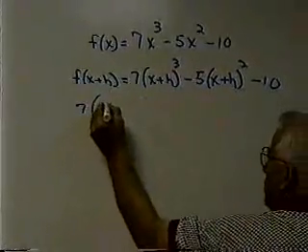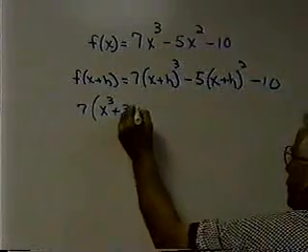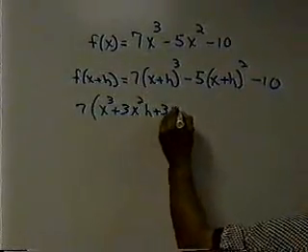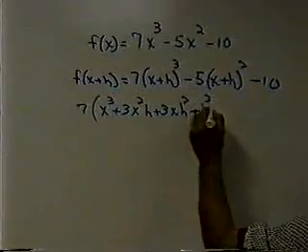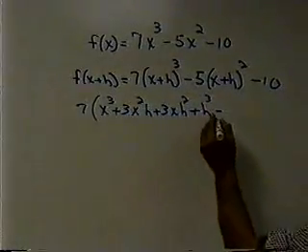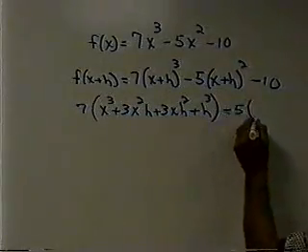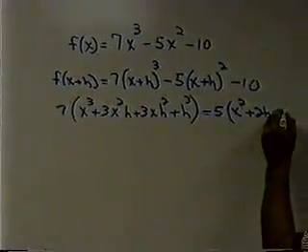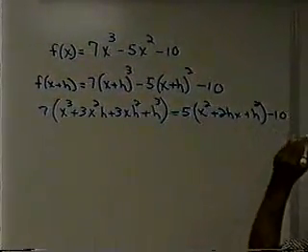First one cubed, plus 3 times the first one squared, last one, plus 3 times the first one, last one squared, plus the last one cubed, minus, excuse me, let me put parentheses here, minus 5 times this squared, plus 2hx plus h squared, minus 10.